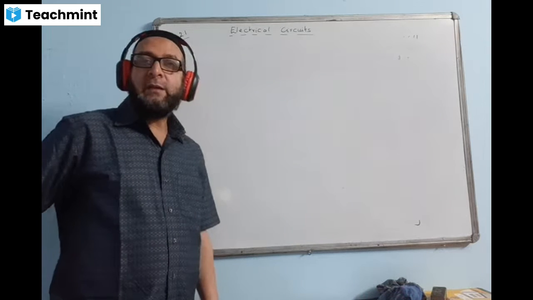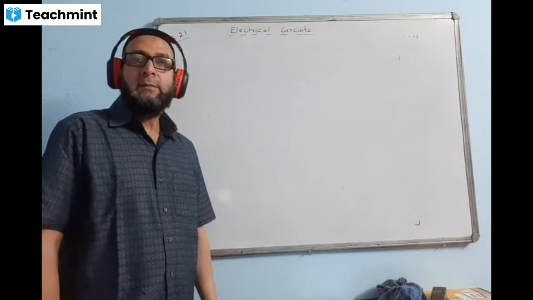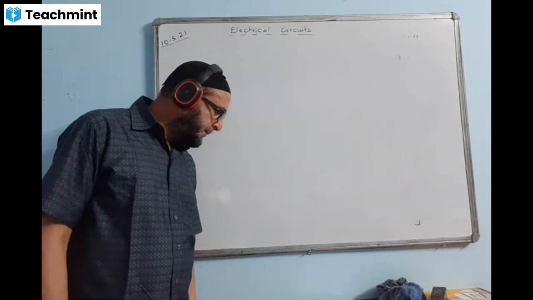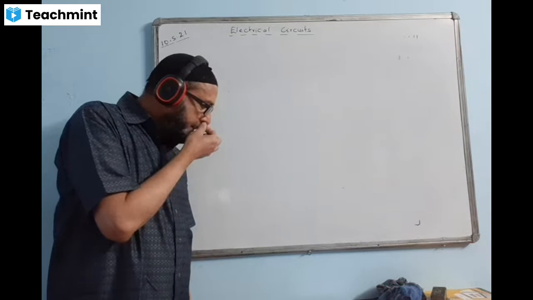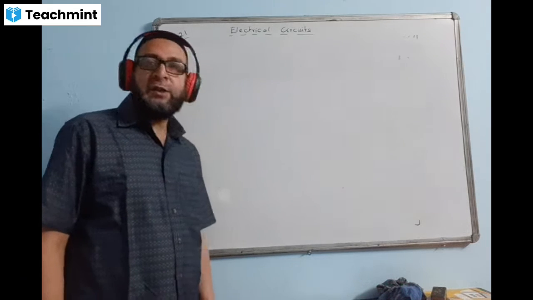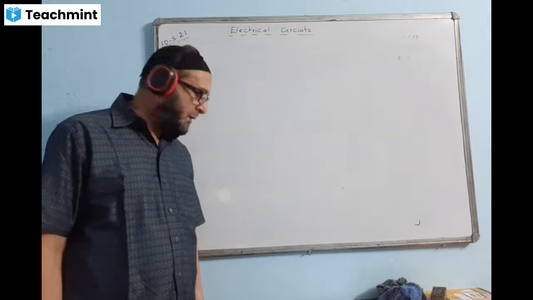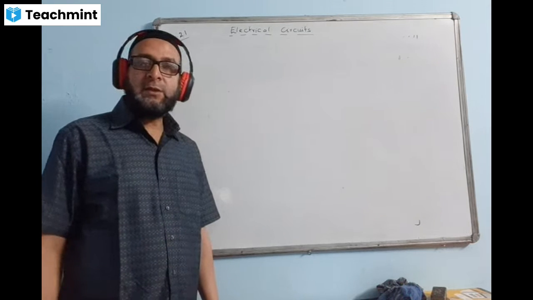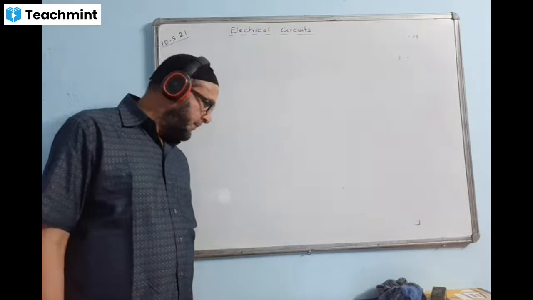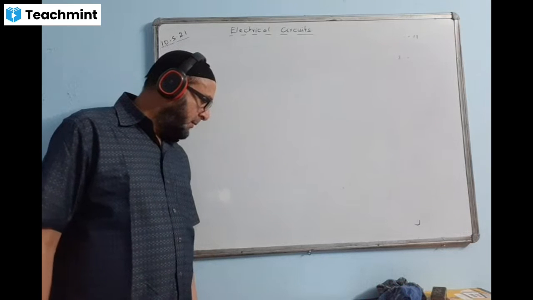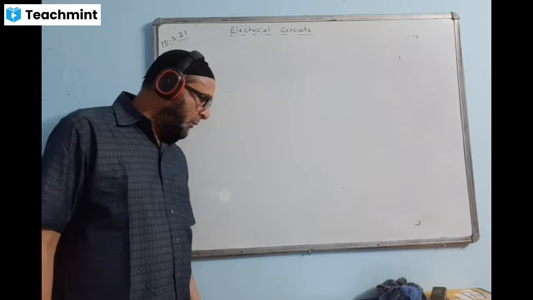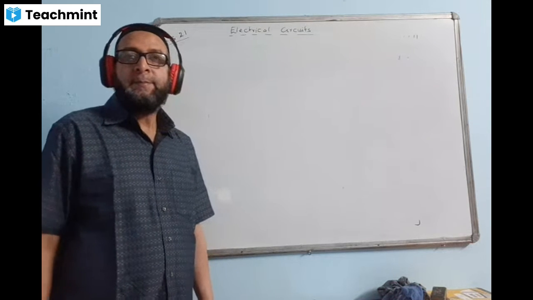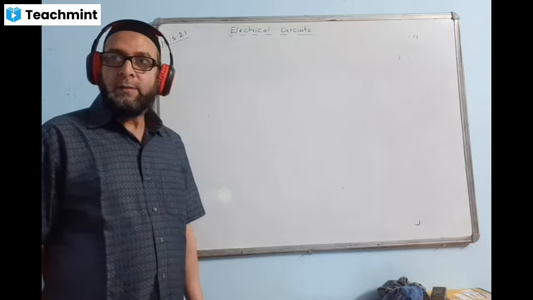When the terminals of the cell are shunted through a resistance of 7.5 ohm, comma, a balance is obtained at 75 centimeters. 75 centimeters.